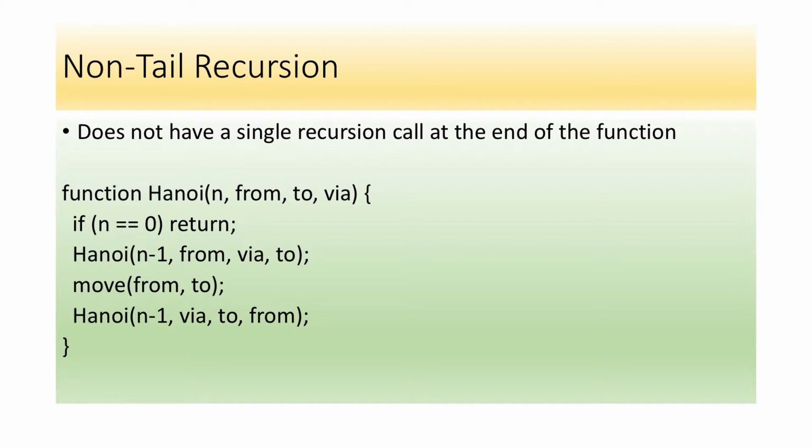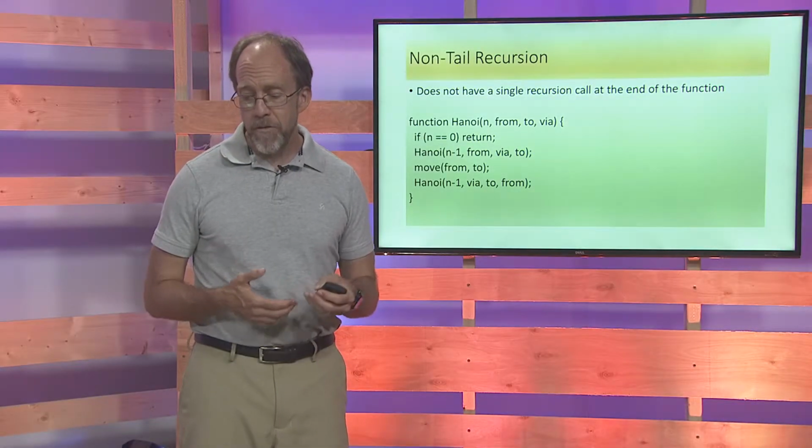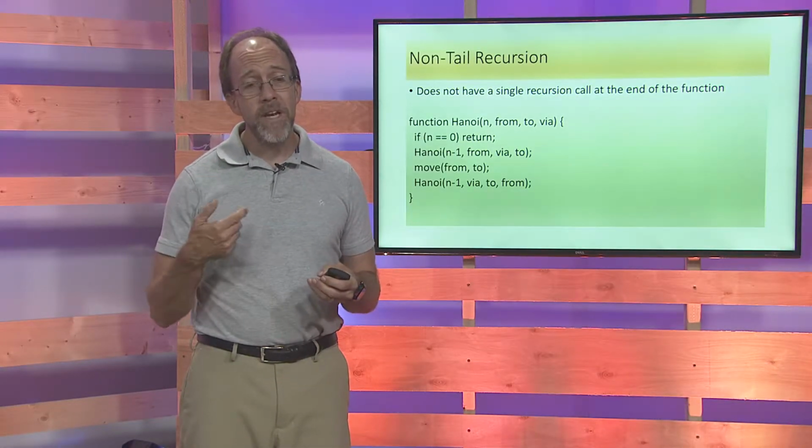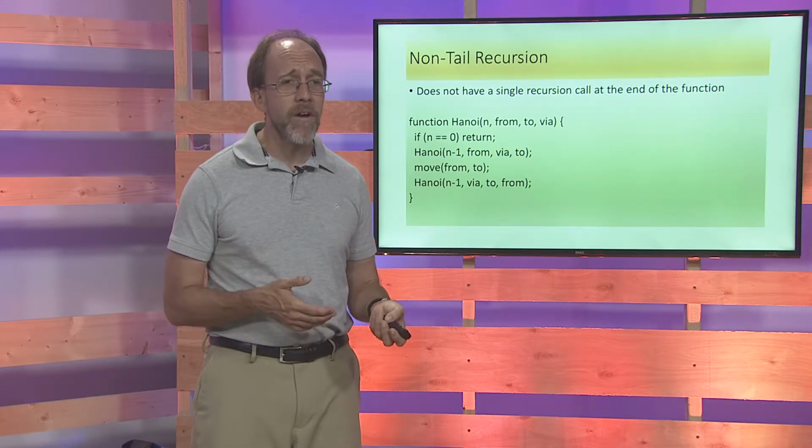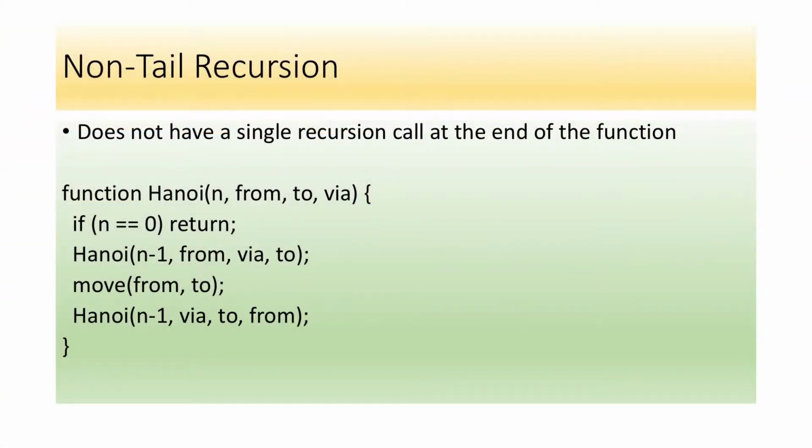It's also used to demonstrate why algorithmic complexity is extremely important, because the solution can blow up very fast for large values of n. If you notice, you have an anchor case here in the function, then a recursive call, then a call to move. I haven't written the move function because I really don't need to, but what move would do, from, to, and via, would be stacks.